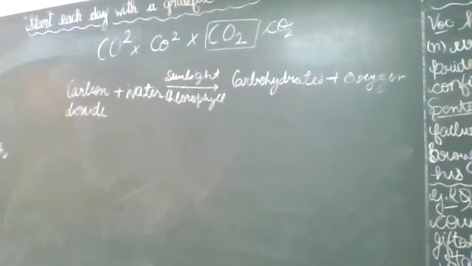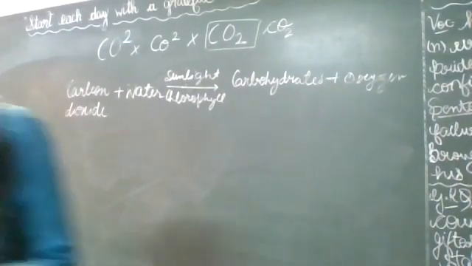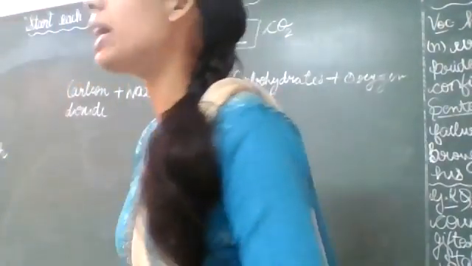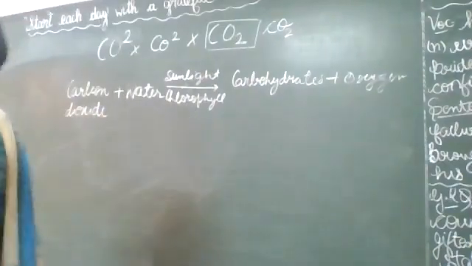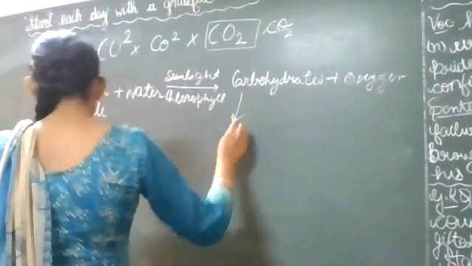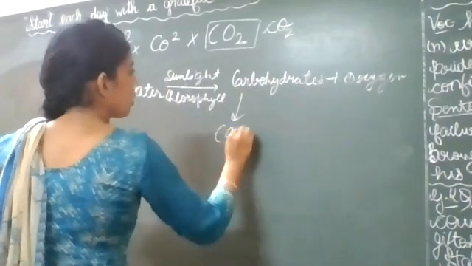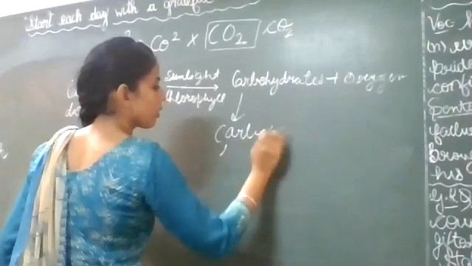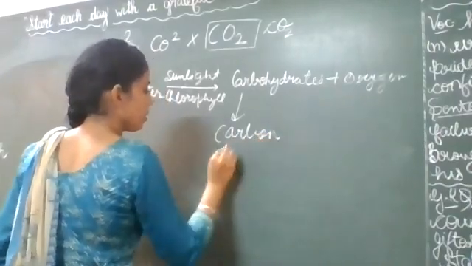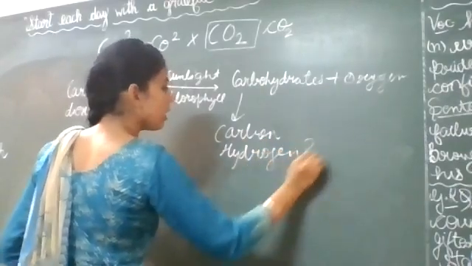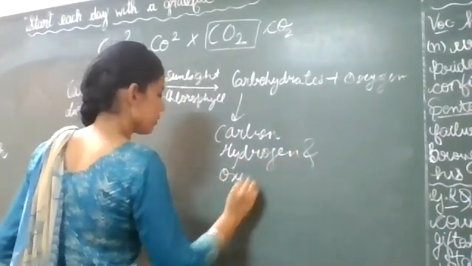Okay, now coming to the next. Synthesis of plant food other than carbohydrates. So carbohydrates are made up of carbon, hydrogen, and oxygen.